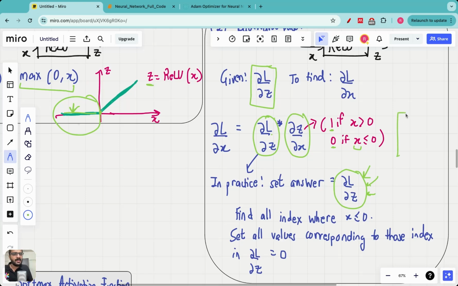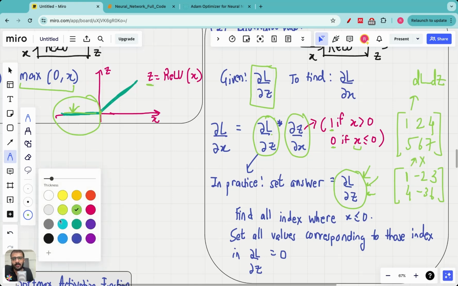So for example, if the dL/dz matrix is this, 1 2 4, 5 6 7, and if x is equal to 1, minus 2, 3, 4, minus 3 and 6, then I will look at places where x is less than or equal to 0.